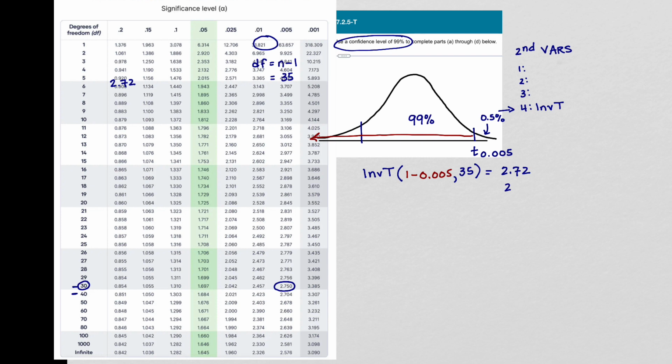So that's a little bit different. But MyMathLab knows that some people are using a table and some people are using a calculator. The calculator value is more accurate, but what can you do if you don't have that feature on your calculator? So then we use this for the table, and MyMathLab will accept both of those answers. It knows that there are multiple possibilities for this. So that's how we do that part.